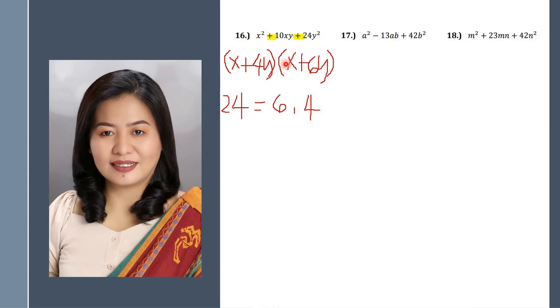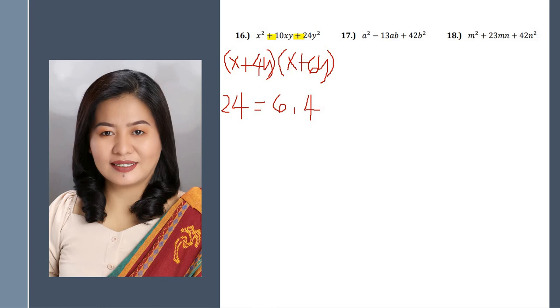So we have now 4y plus 6y is 10y. 4y times 6y is 24y. So the factors of x squared plus 10xy plus 24y squared are x plus 4y and x plus 6y.